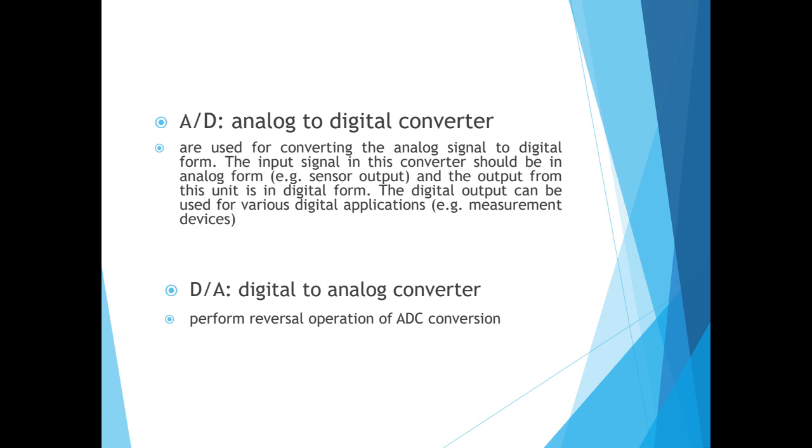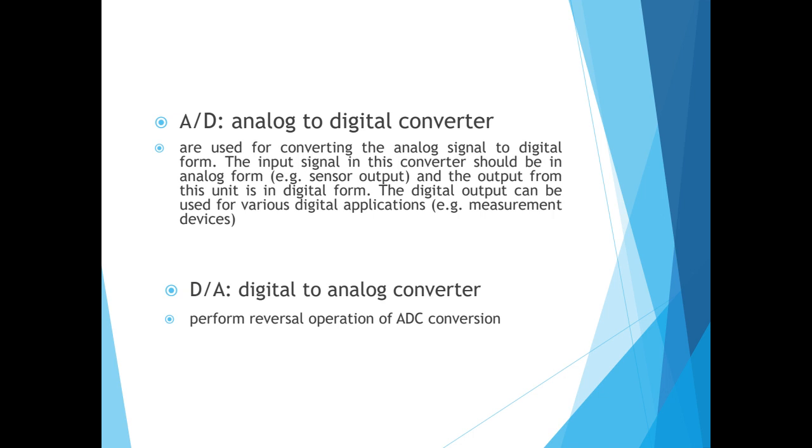Another component is the analog to digital or digital to analog converter. At first, I want to explain about analog to digital. However, the digital to analog converter performs the reverse operation of analog to digital conversion. But what is analog to digital conversion? It is used for converting an analog signal to digital form.